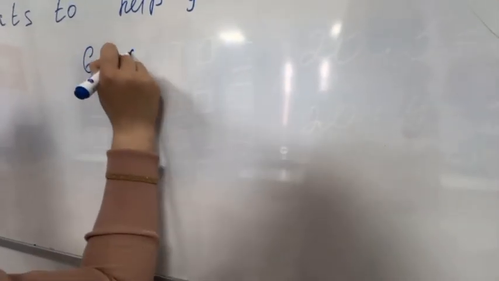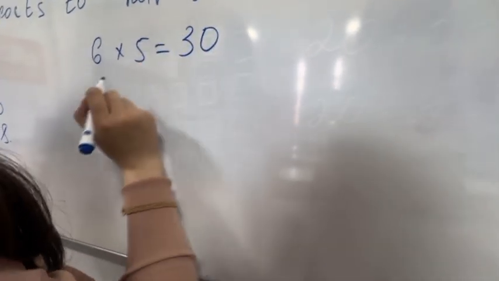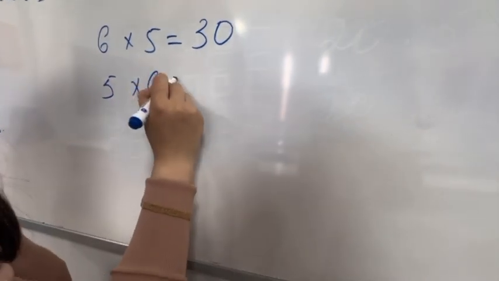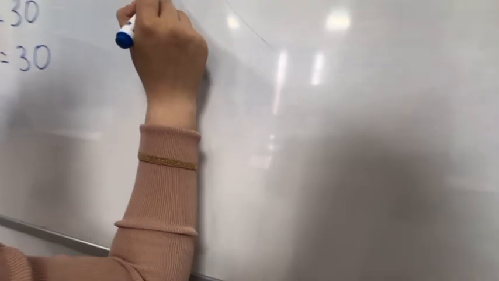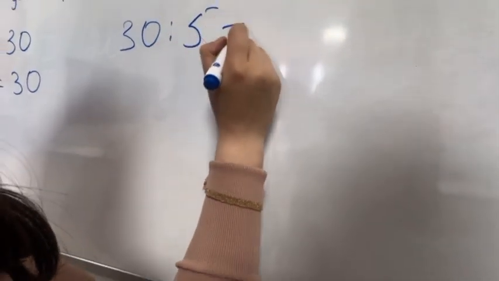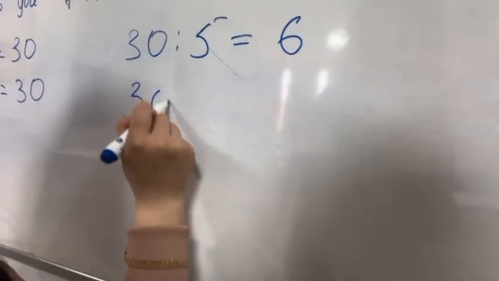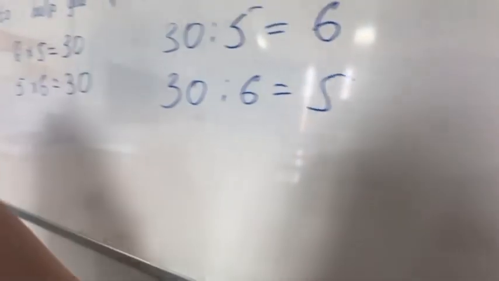Okay, 6 times 5 equals 30. 5 times 6 equals 30. 30 divided by 5 equals 6. 30 divided by 6 equals 5.